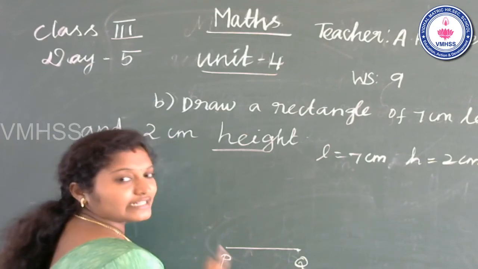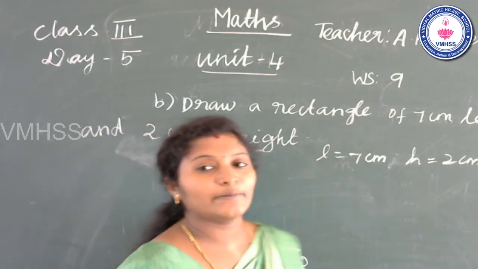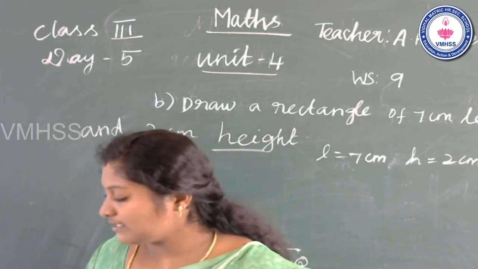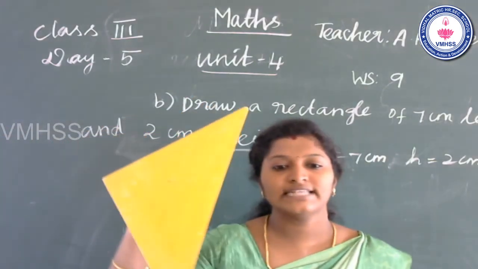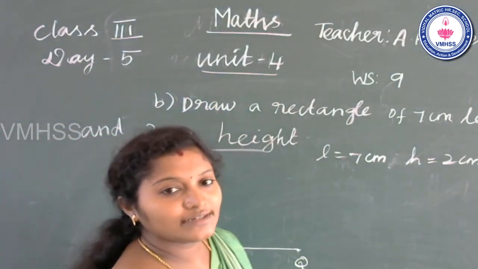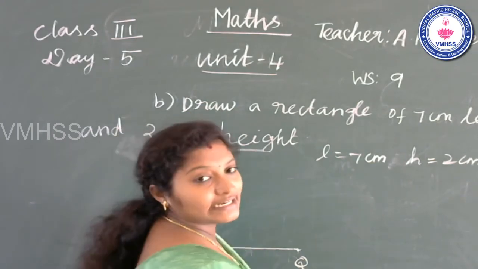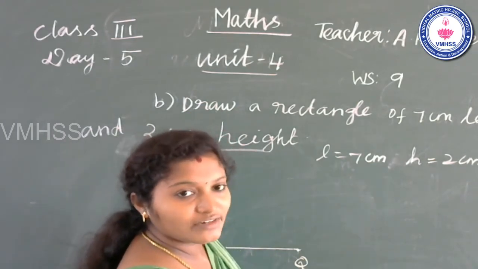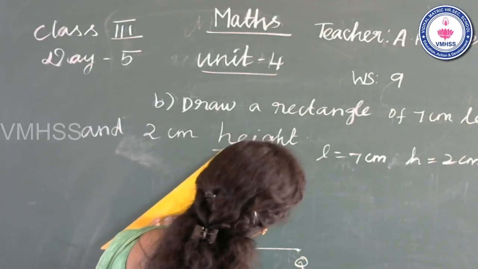This is a horizontal line. What is the next step? You take a set square. Point out the height, 2 centimeter. Draw a vertical line of 2 centimeter.